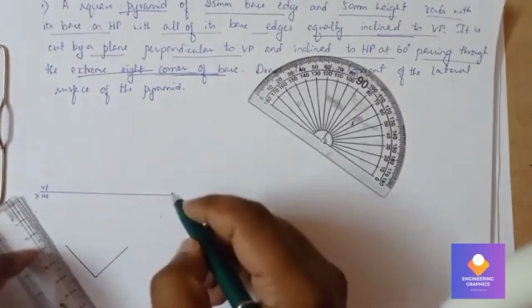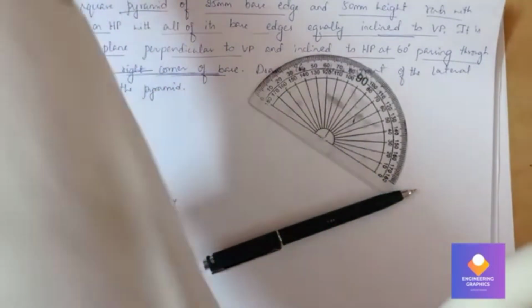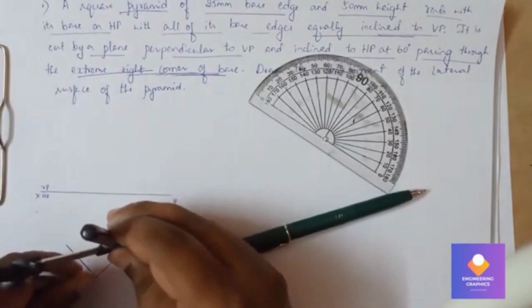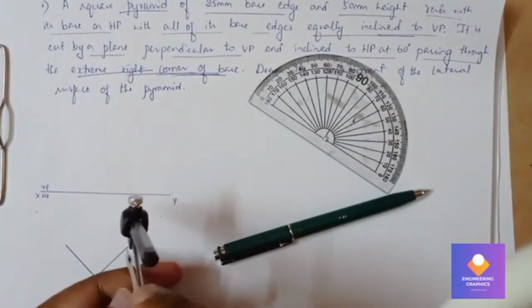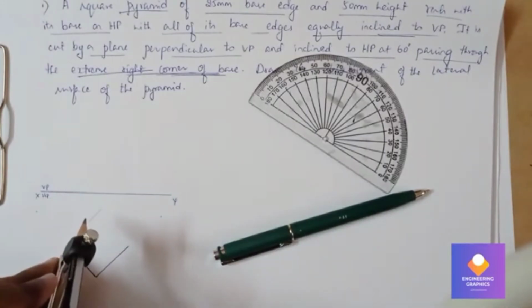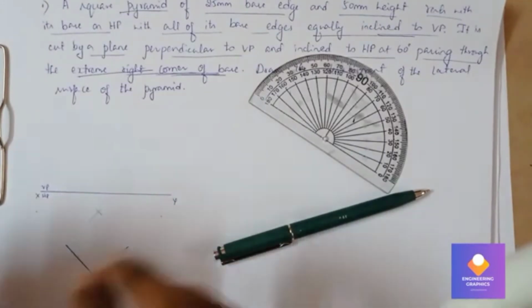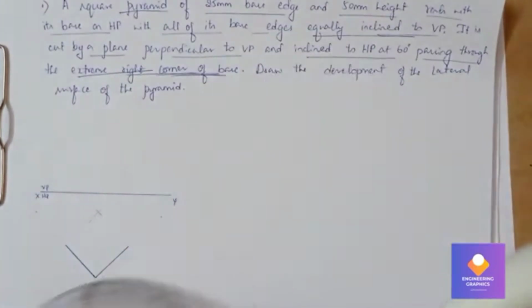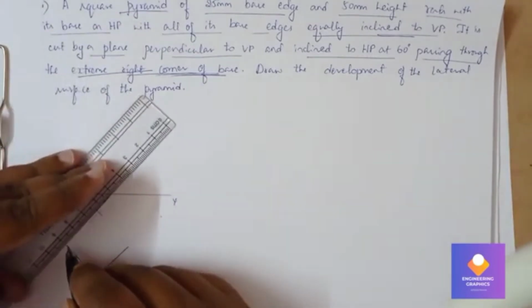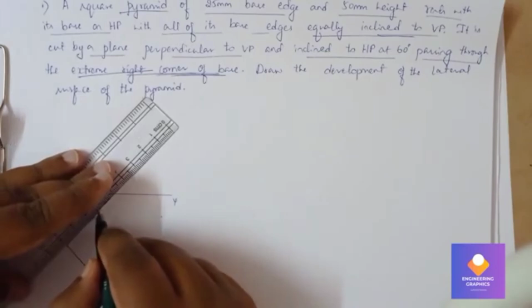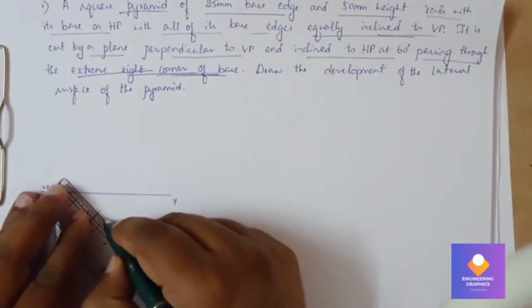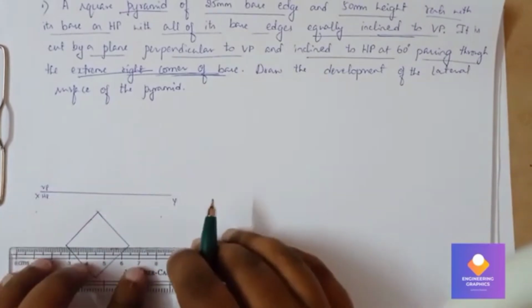Again, take the compass, measure 25 mm and cut the respective arc from these reference edges. Then join it with the help of a scale with a straight line. Okay, so that completes the square.